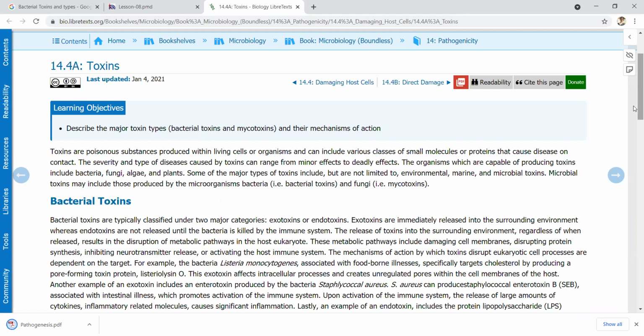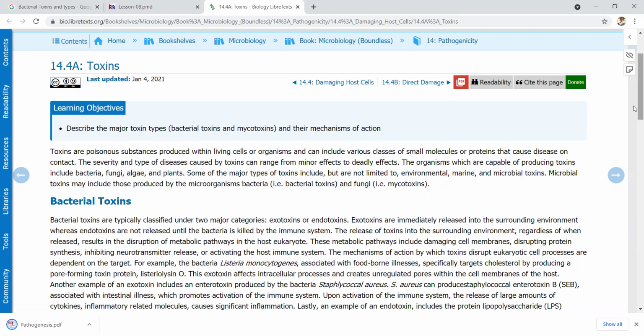The release of toxins into the surrounding environment, regardless of when it is released, results in the disruption of the metabolic pathway in the host eukaryote. This includes damaging cell membranes, disrupting protein synthesis, inhibiting neurotransmitter release, or activating the host immune system.